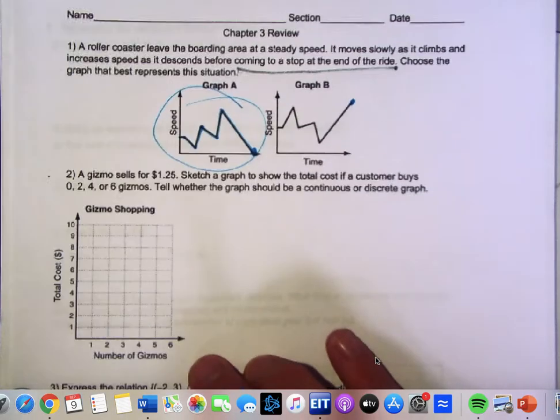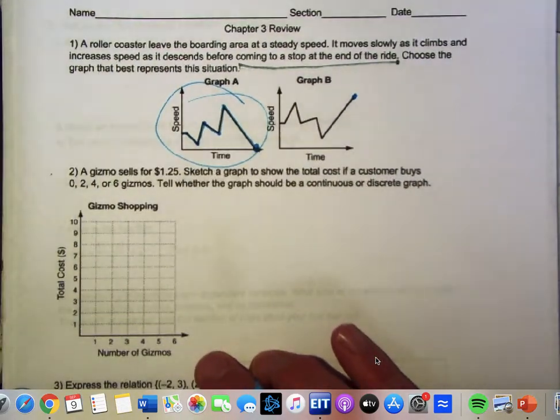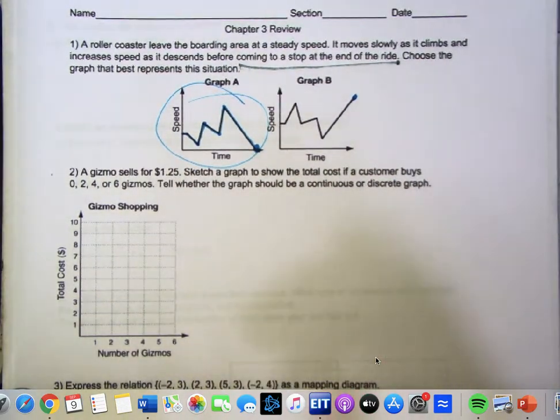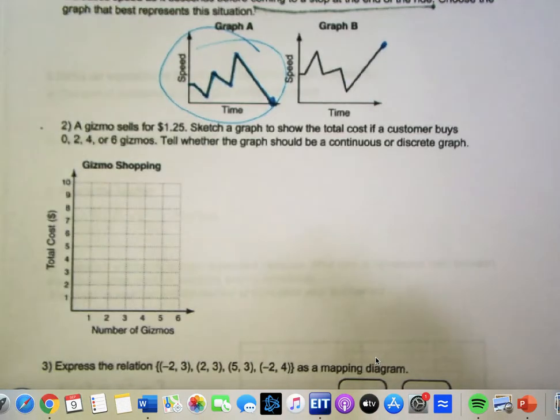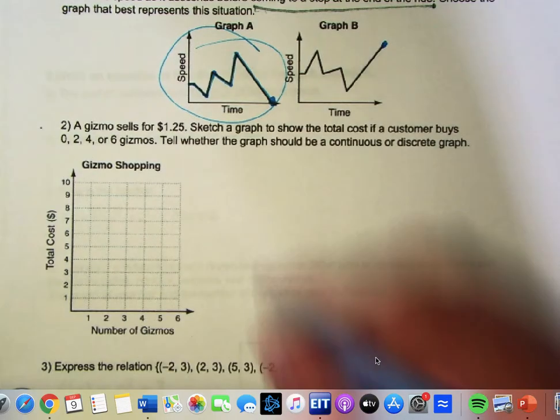Alright, gizmos cost $1.25 each. Sketch a graph to show the total cost if a customer buys 0, 2, 4, or 6 gizmos. Okay.